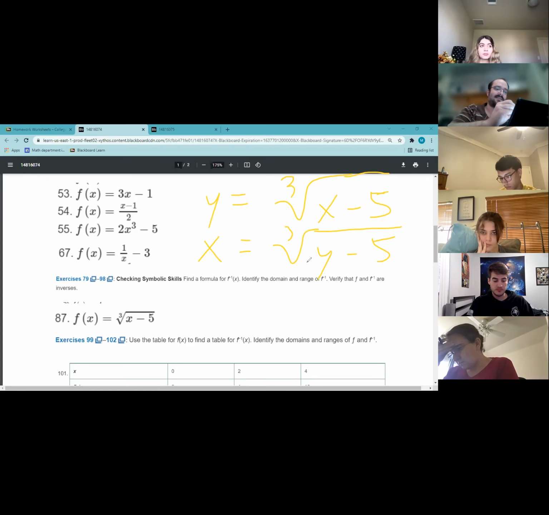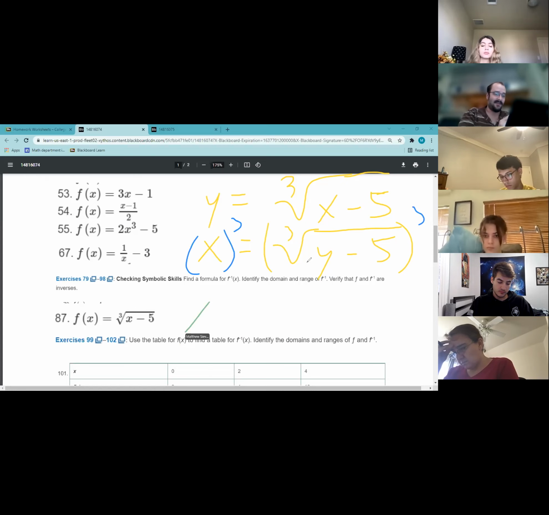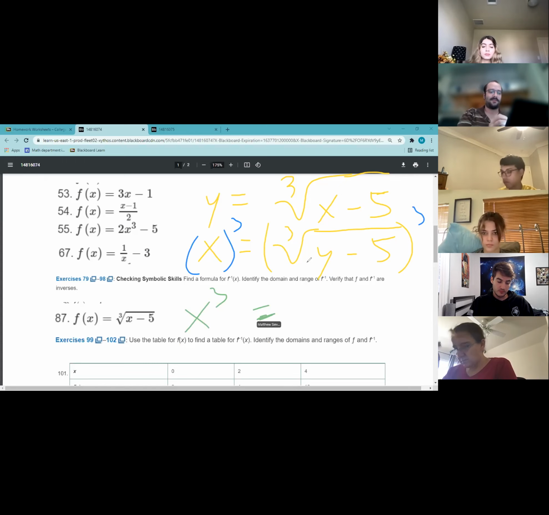Yeah. So this is a cube root. We want to get rid of that cube root. So in order to get rid of that cube root, we're raising both sides to the third. So on this side, I believe I have x to the third. On this side, you raised it to the third. Hopefully you did that so that it gets rid of that cube root.